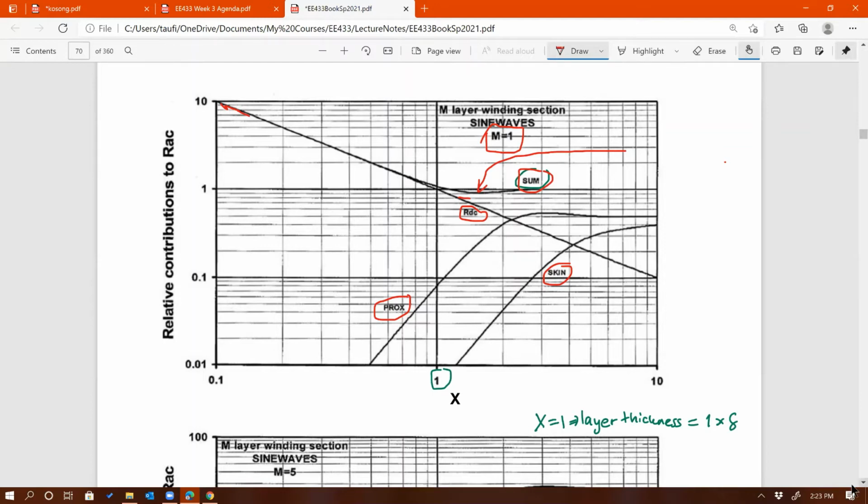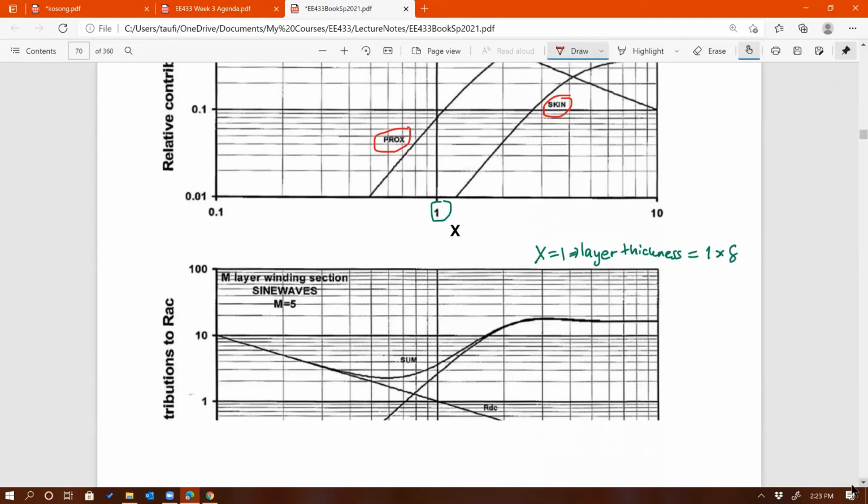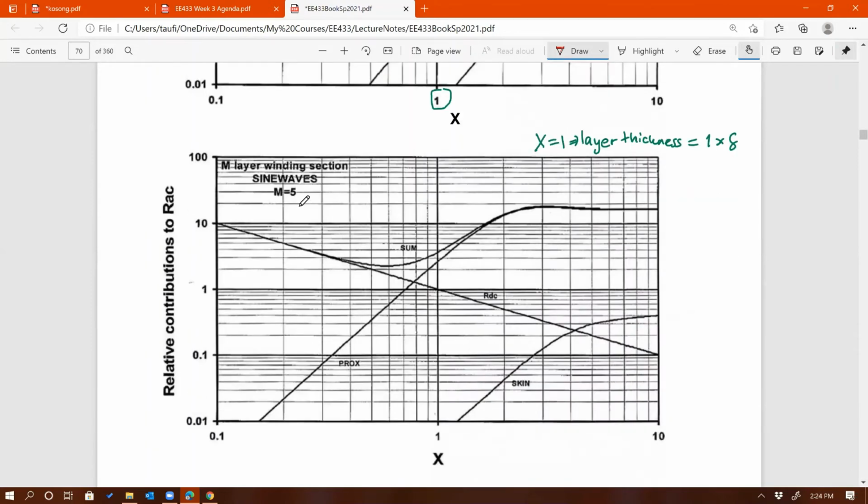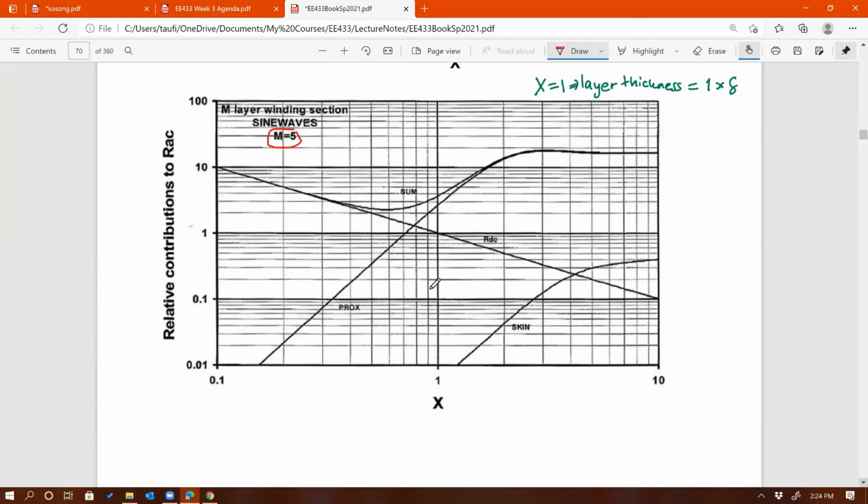Yeah, so that's that. And then for the next example, the number of layers, there's 5 of them right there, and then the same thing. You can see that we have 4 different plots representing 4 different resistances. And our interest for minimizing losses would be the sum of all 3.